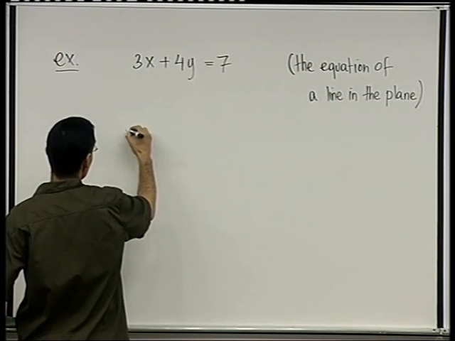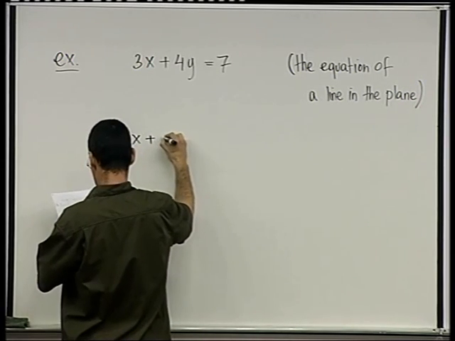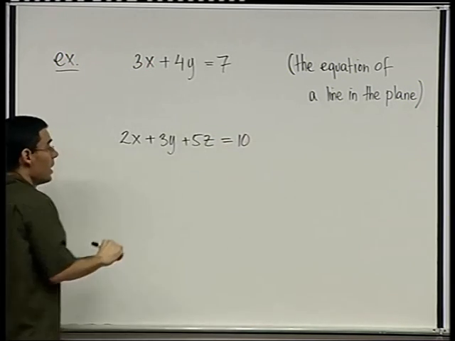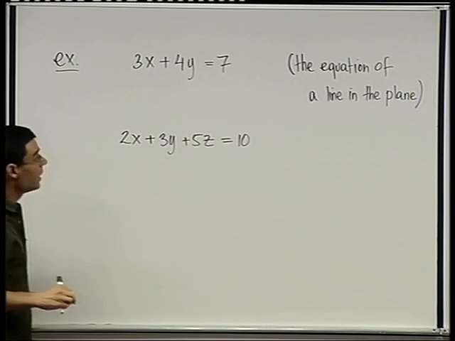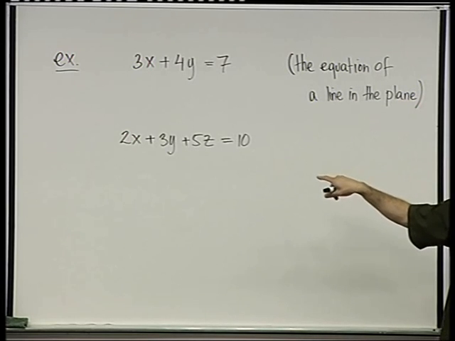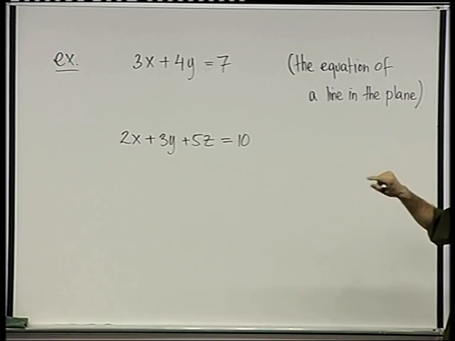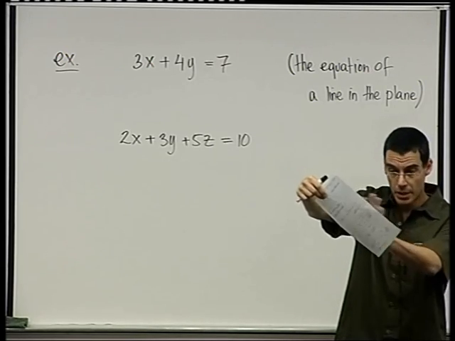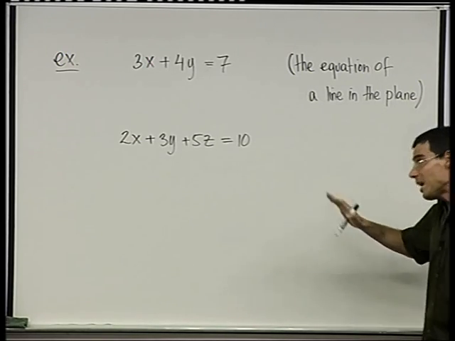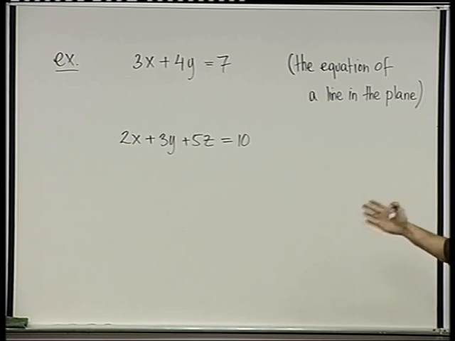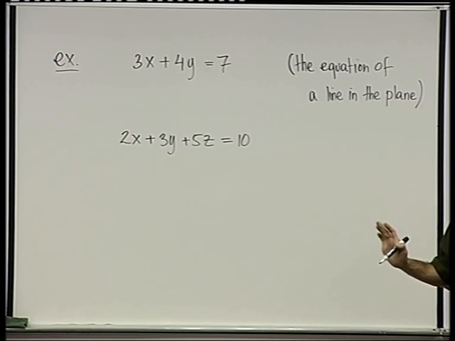What I'm not sure you know, so here's another example. 2x plus 3y plus 5z equals 10. So here's a linear equation with three unknowns. Do you know what this describes geometrically? Have you seen it before? No, it's going to be a plane in 3D space. If you haven't seen this before, you're going to encounter this when you discuss the basic geometry underlying multivariable calculus.